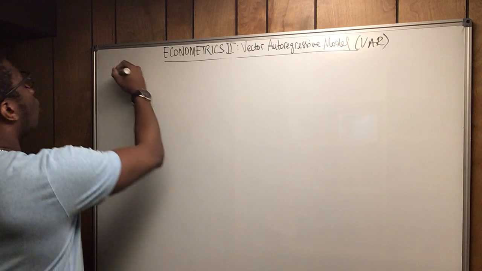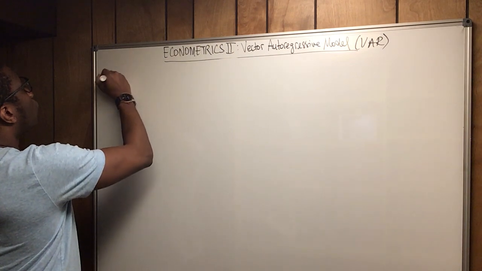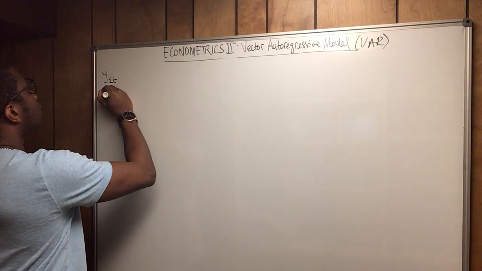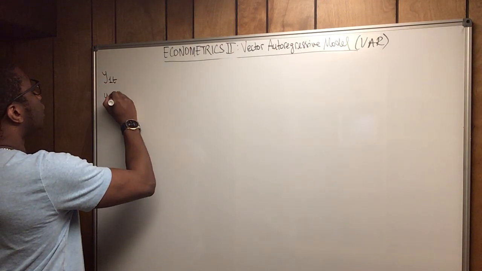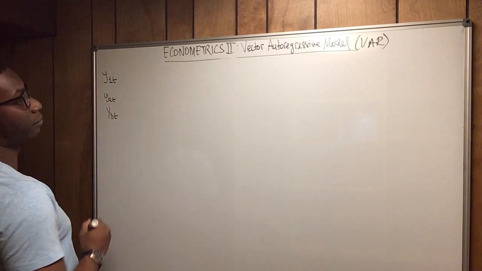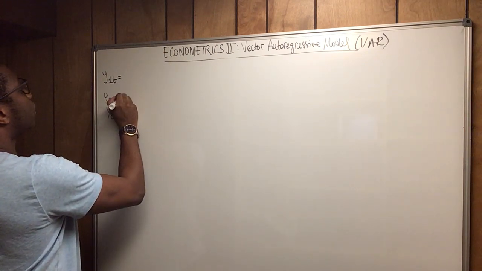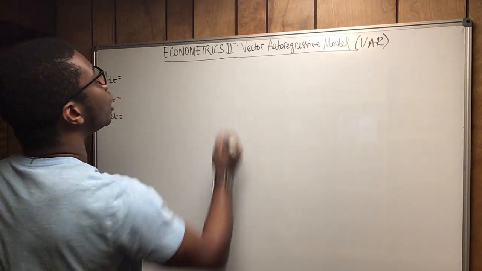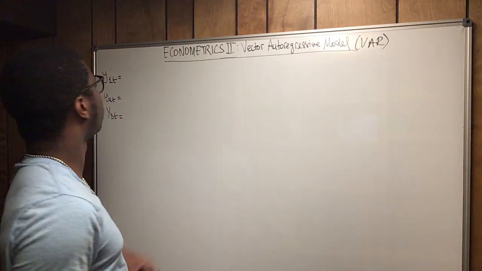So y1 remains your apple. y1t, y2t, and y3t. Okay, but we're dealing with 3 predictors, so the same concept applies, it's just that the equation would be longer.